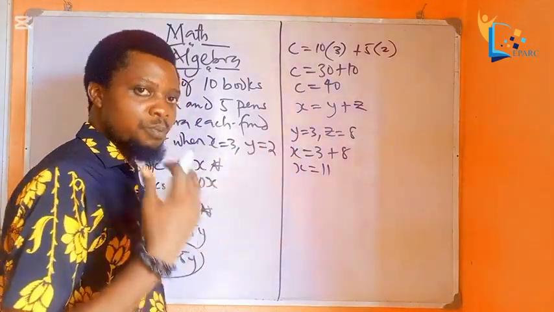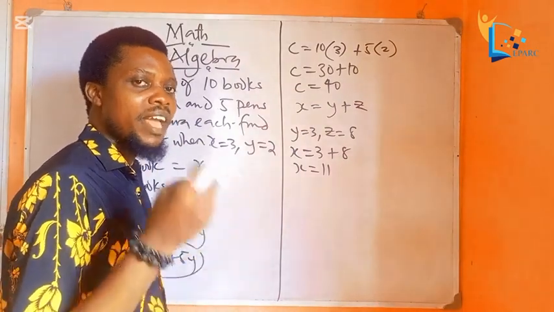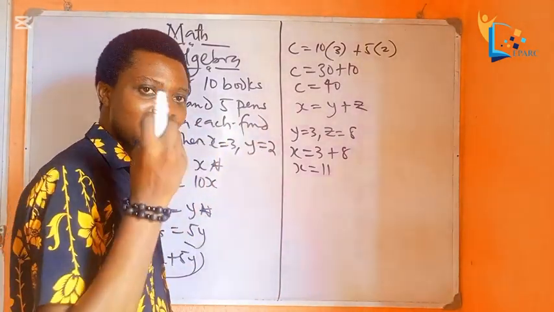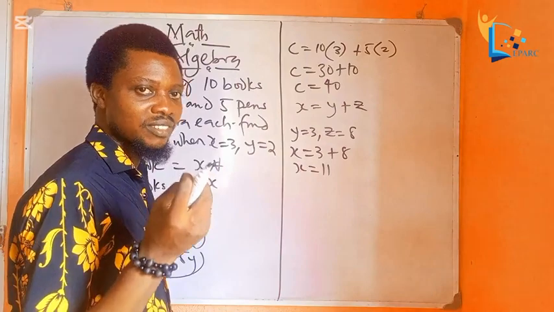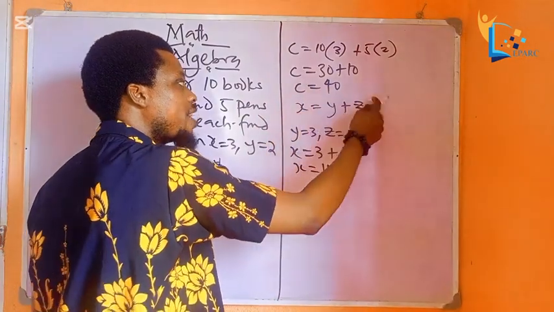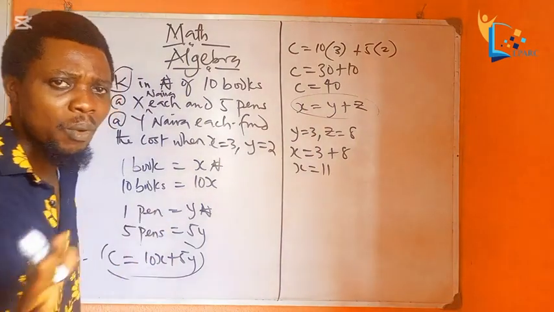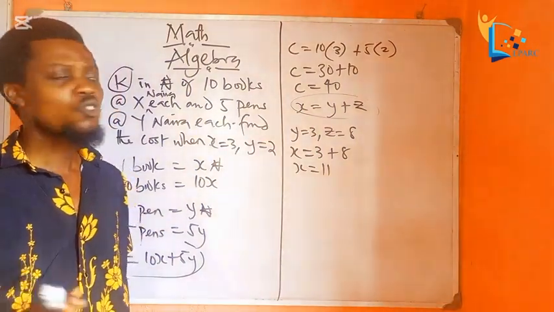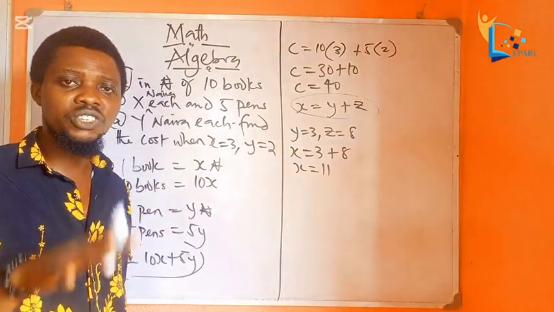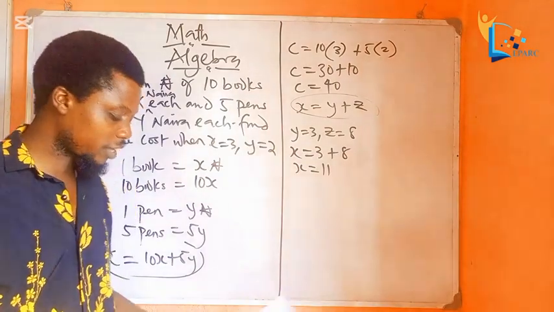So anywhere in the expression or the equation that you see y, they are simply asking you to replace that alphabet with the number or the quantity. That is simply what we mean by substitution. We are going to be seeing a lot of substitutions as we continue to deal with algebraic expressions and equations. Do you get it?